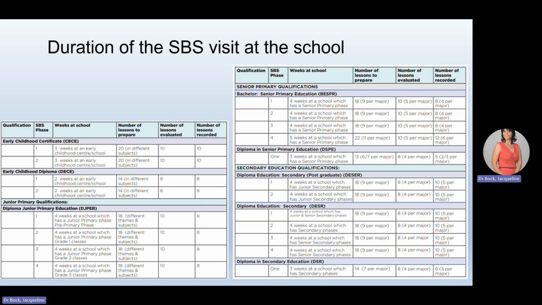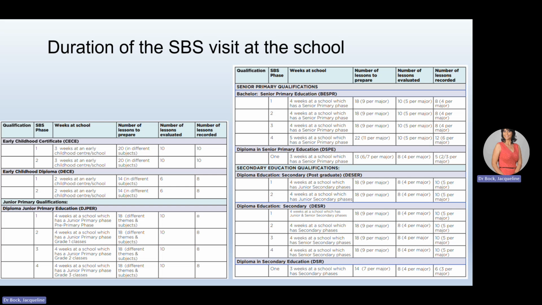And then the number of lessons recorded, the other ones that you must record as in your study guide, is going to be 10, that we would want to see that they have been evaluated, and then you must record it.